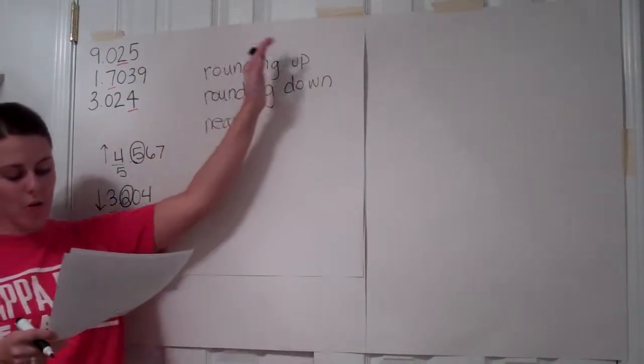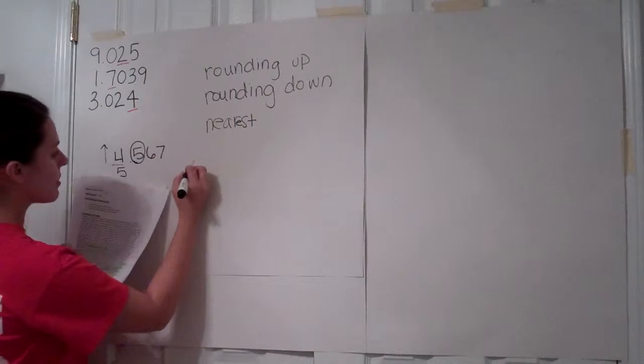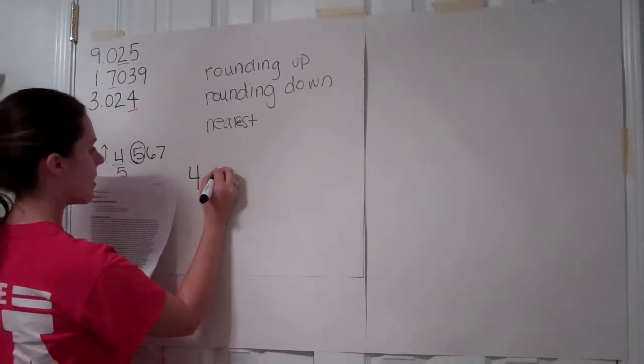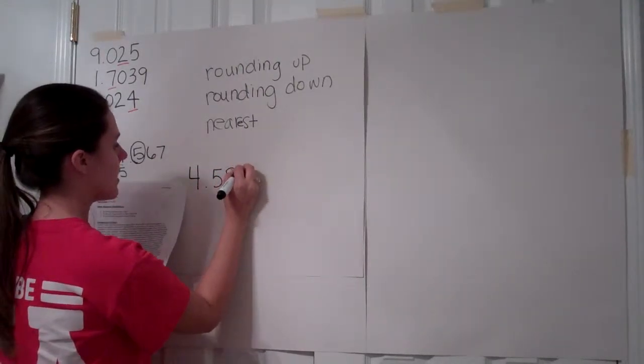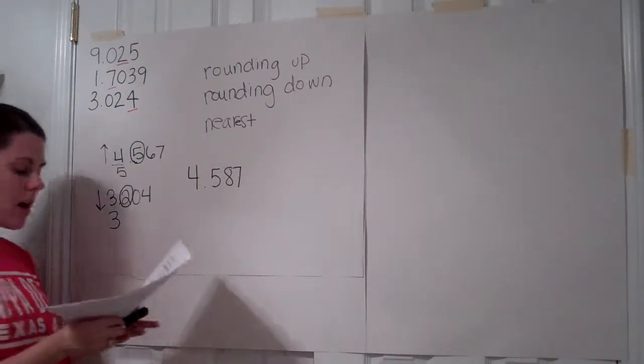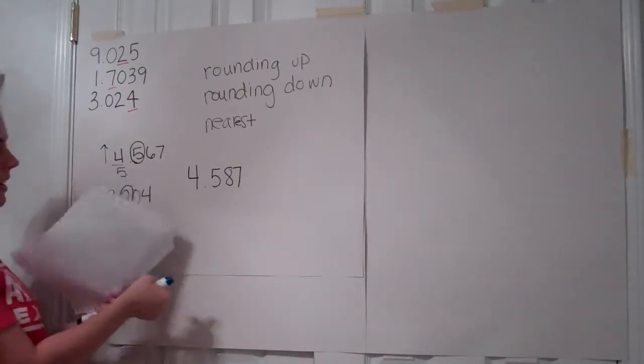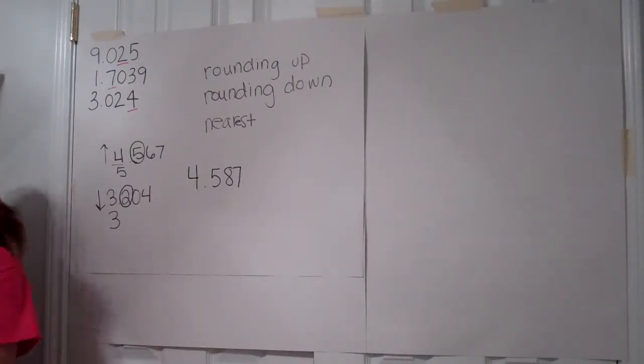So now we're going to talk about rounding up. So let's say I want to round up. We're going to use 4.587. And I'm going to round up to the next hundredth. I'm going to start by looking at my hundredth place. And in my hundredth place, what number do I have? 8.